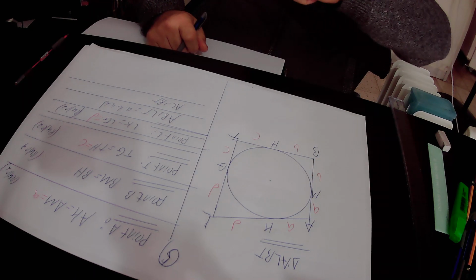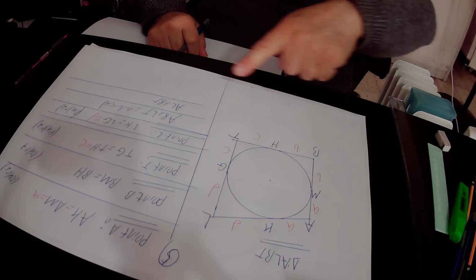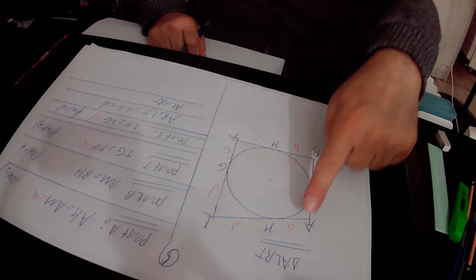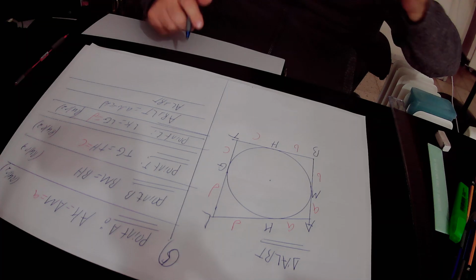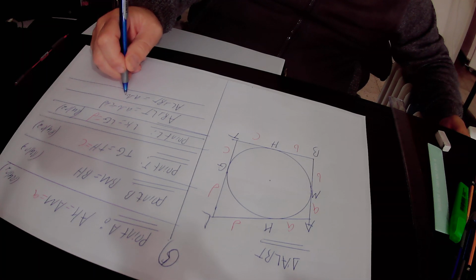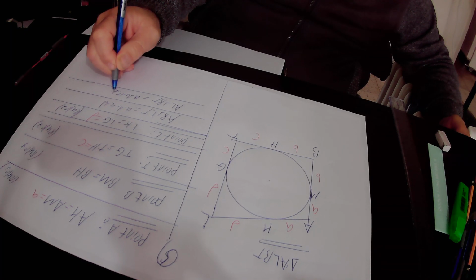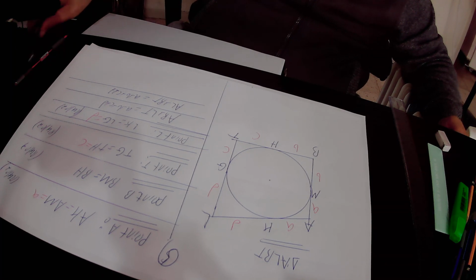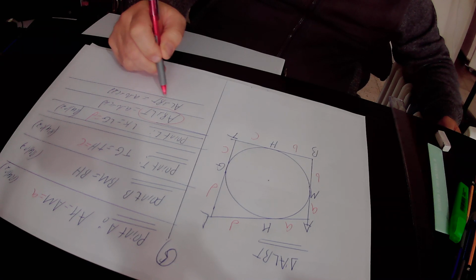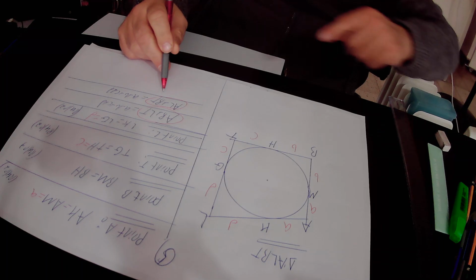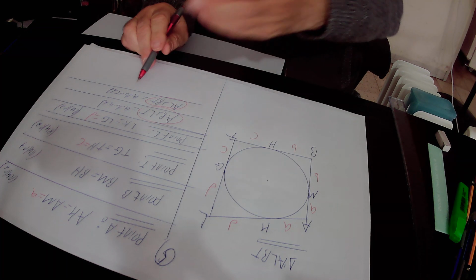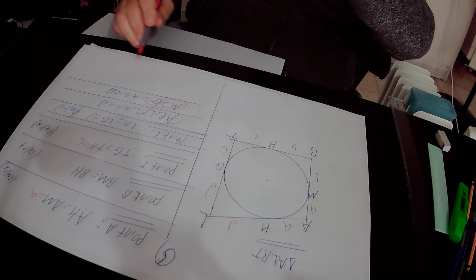From the drawing it is very easy to see that AL plus BT equals A plus B plus C plus D. So AL plus BT also equals A plus B plus C plus D. Those two expressions are both equal to A plus B plus C plus D, therefore they are equal to each other.